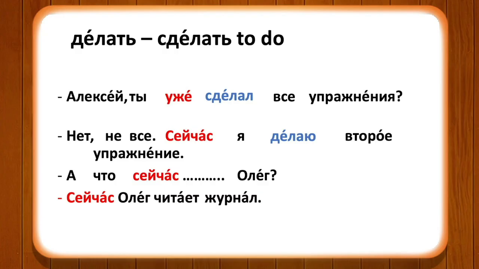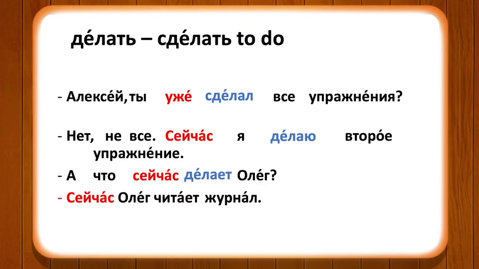In the next sentence, а что сейчас dash Олег? Again, the adverb сейчас indicates right now. So the action that is taking place right now will be denoted by the use of the imperfective verb. Even in this sentence, we will be using the verb делать, according to Олег, which is the name of a boy.